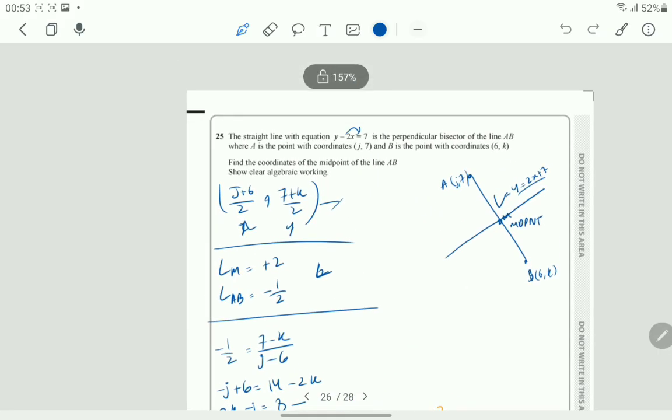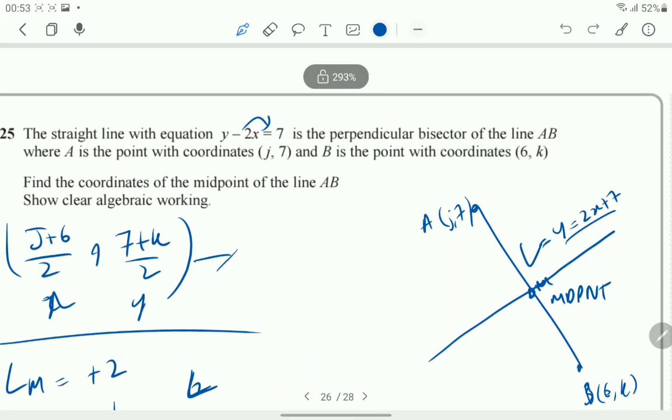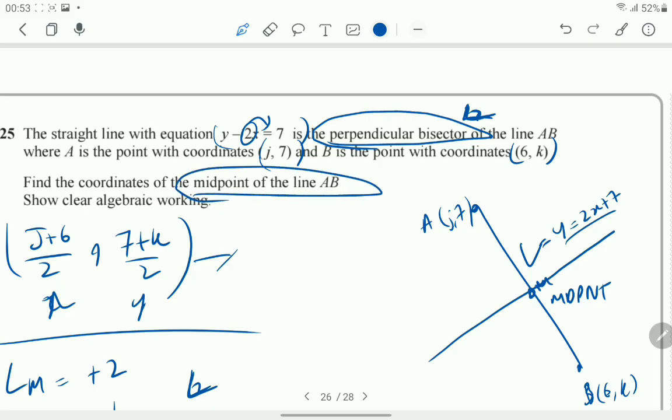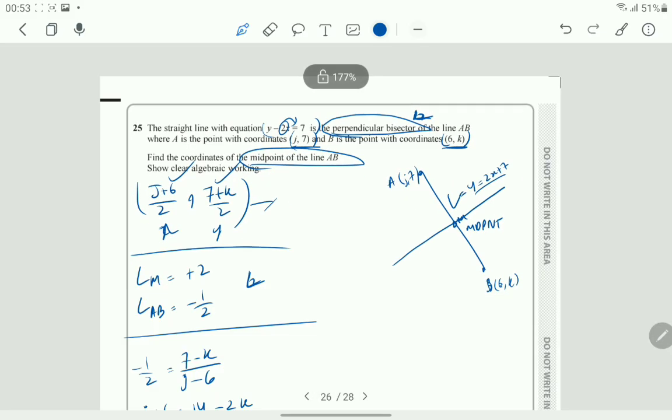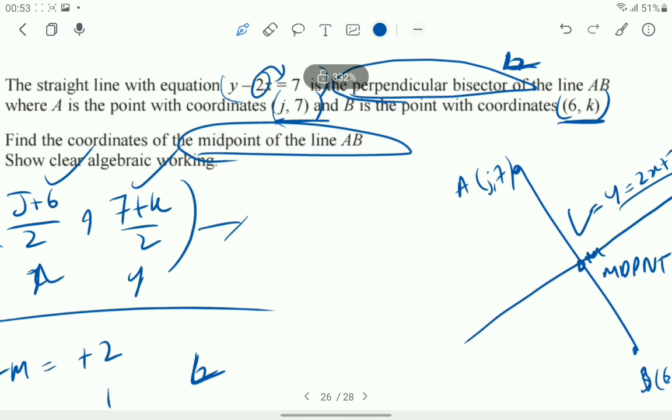So just to give you an overview, the question gave you clues. These coordinates are a clue, and the fact that the question mentioned perpendicular bisector is a clue that the gradient is useful, and the gradient is given in the equation of the line. And the question asks us about midpoints, and we have 2 points. These points are used here. So the question is meant to be solved like a mystery case.